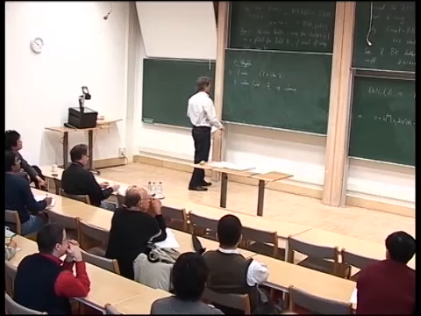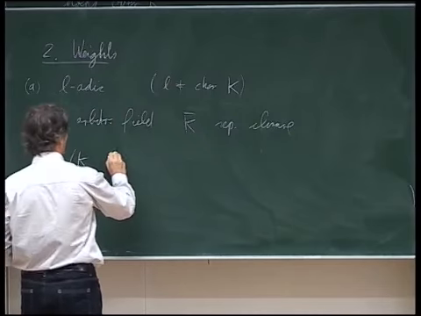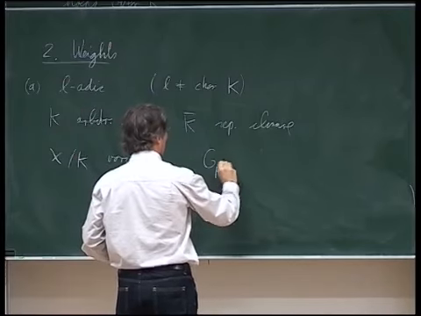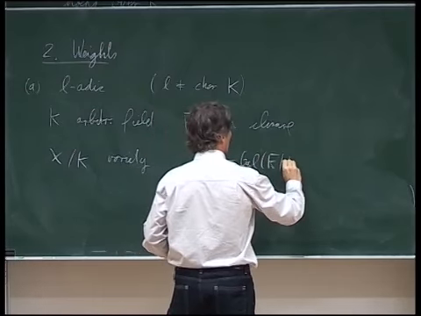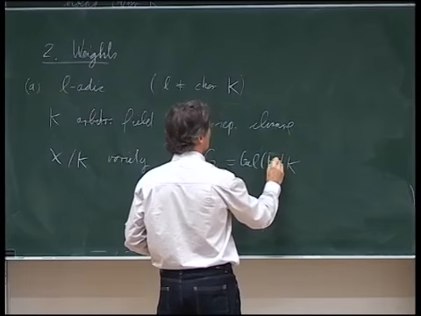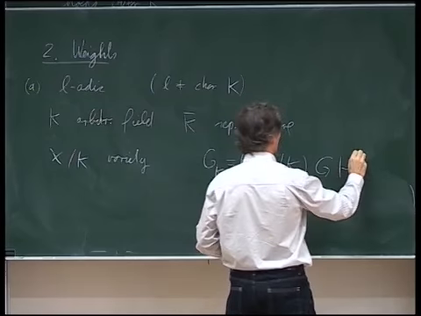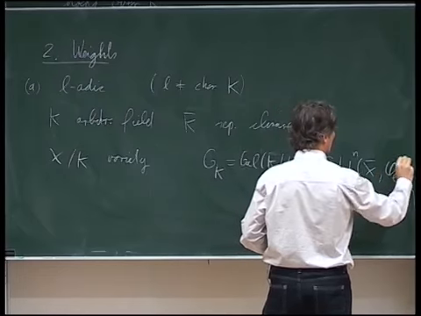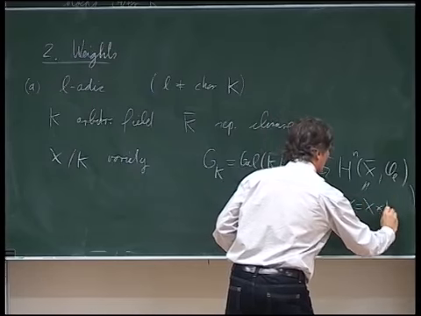So if you have a smooth projective variety X over K, so any variety of course, then the absolute Galois group acts on the étale cohomology H^n(X bar, Q_L).